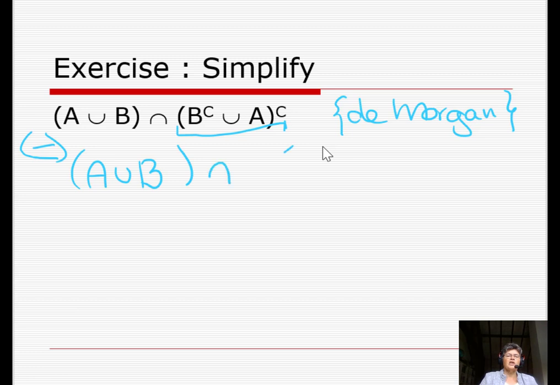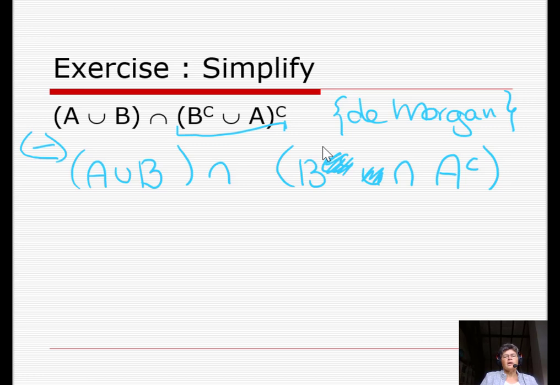And then we intersect with, okay, B complement complement, united with, intersected, because this operator changes, A complement. Okay, this is the first step. And then we have this B complement complement, and that was the involution law, and on the exam you may omit this one. So B complement complement you can immediately write as B.